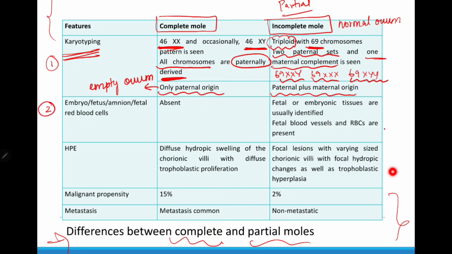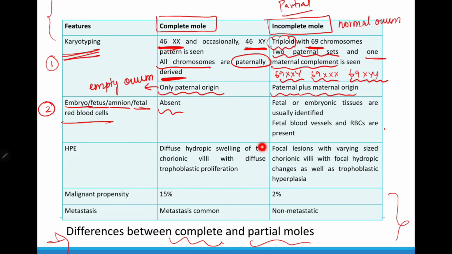Now moving on to the next feature: embryo or fetus or amnion or the fetal red blood cells. All of these are going to be absent typically in a complete mole. So in a complete mole, embryo will not be there, fetus will not be there, amnion won't be there, fetal red blood cells, none of these is going to be present.